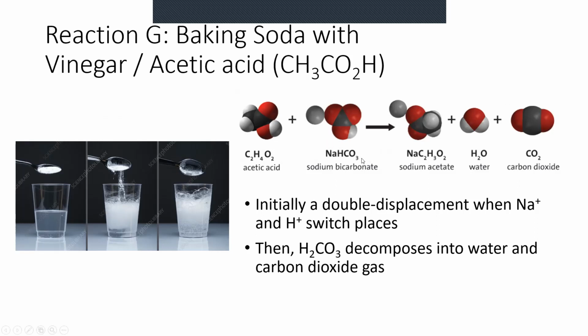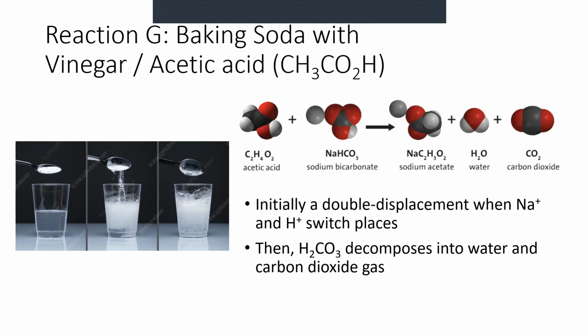Go ahead and write it as aqueous, because even though you've added a solid, the vinegar is mostly water. So it's going to dissolve in that water and then react. So we're going to have the phase be aqueous. In addition, the acetic acid is also aqueous. And then the products of this reaction are sodium acetate, water, and carbon dioxide gas.